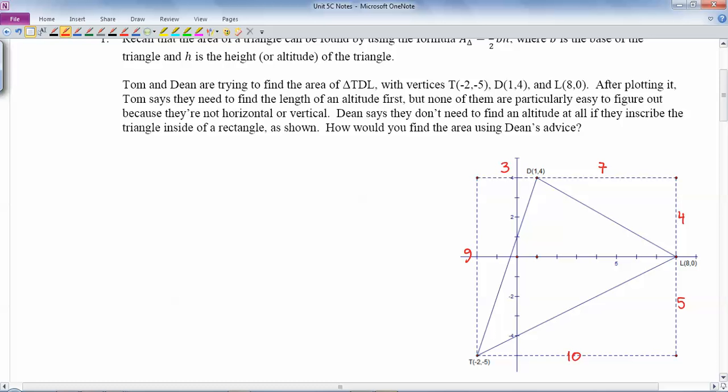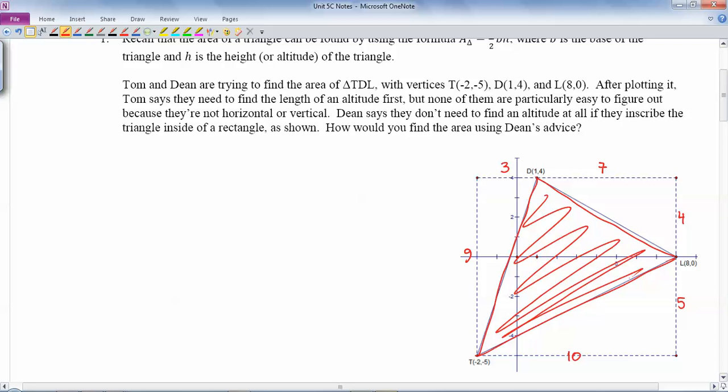Now, in order to get the area of just this triangle in the middle, what we could do is find the area of the entire shape, this big rectangle around it, and then subtract out the areas of this triangle, and this triangle.